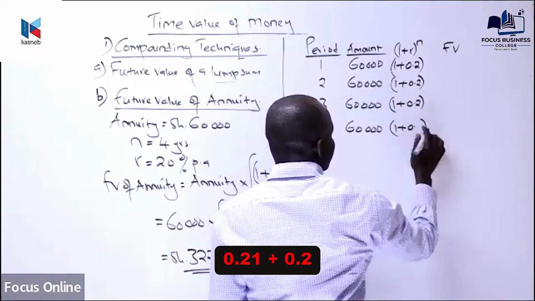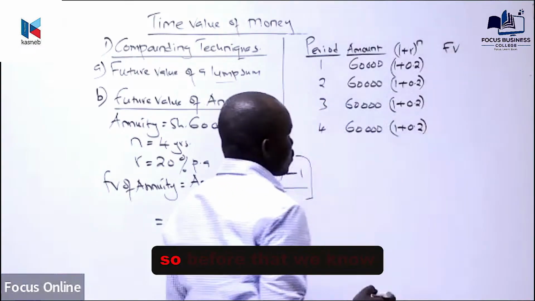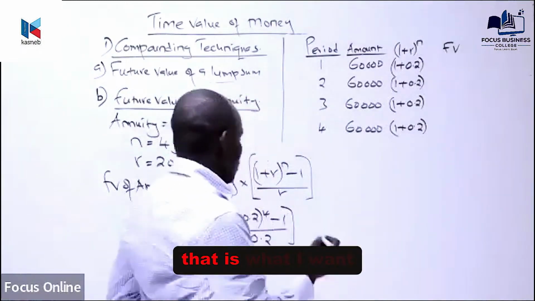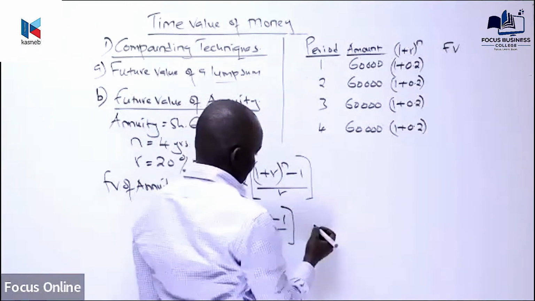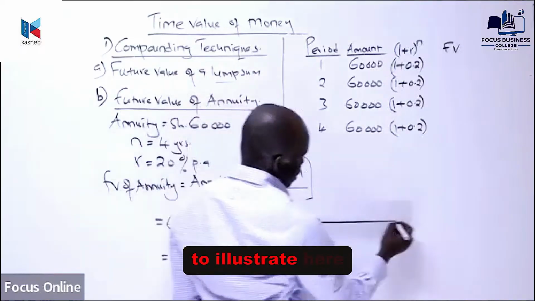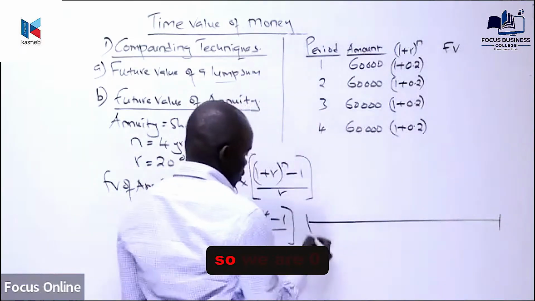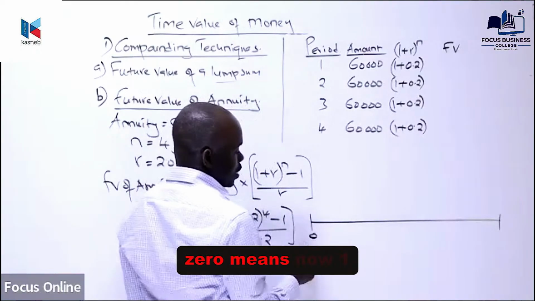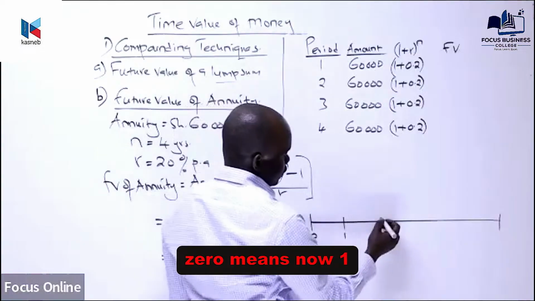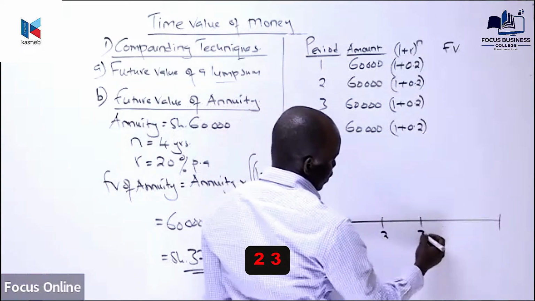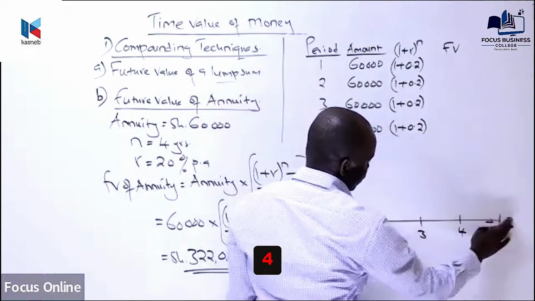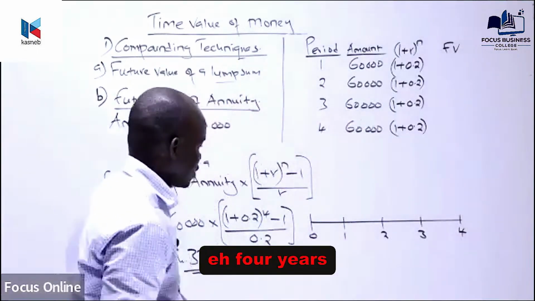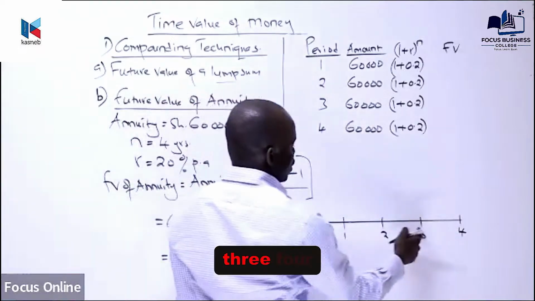Before that, we know we've not put n. That is what I want to illustrate here. We always start at 0, which means now, then 1, 2, 3, 4. We're talking about 4 years.